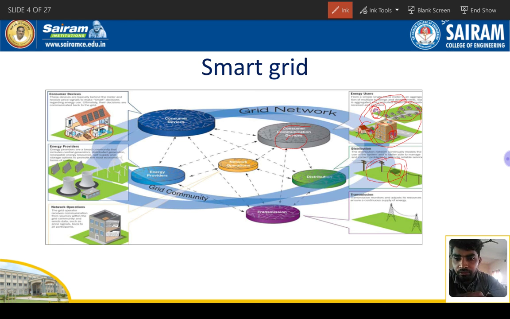So next we have consumer devices. See here, I told you already, if you replace an incandescent lamp with an LED lamp, it's also an energy saving, energy efficient device. Inside the home also we can place sensors and we can monitor and control.